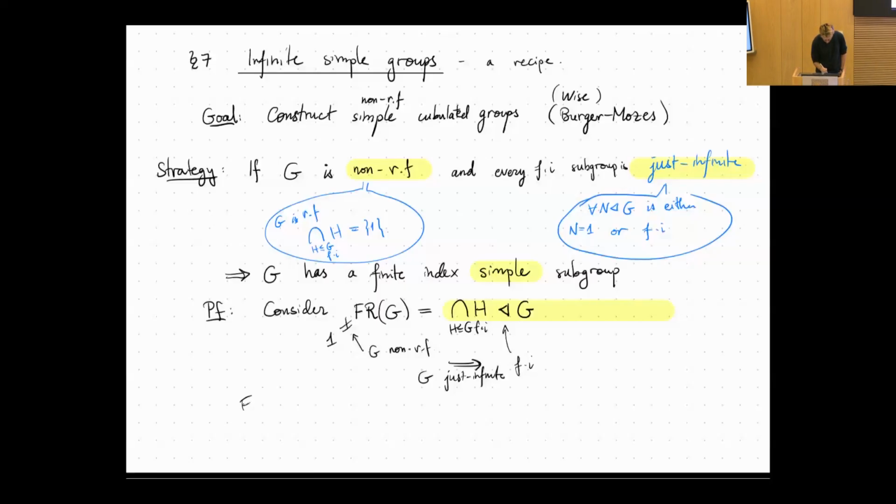And so this guy has no finite index subgroups, but also no non-trivial infinite index normal subgroups, because it is just infinite. And so it is simple.